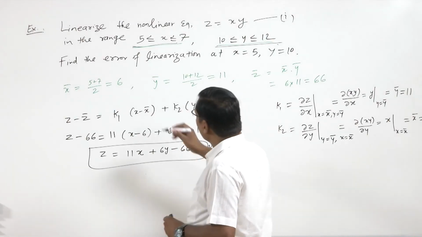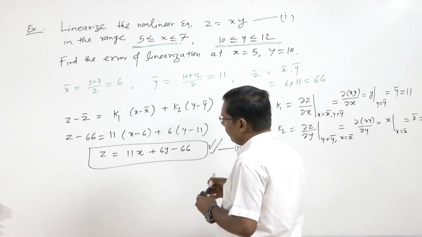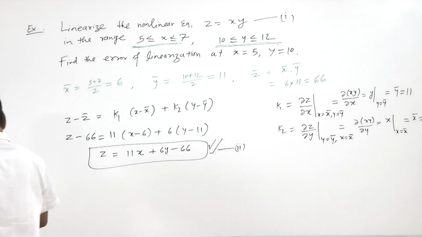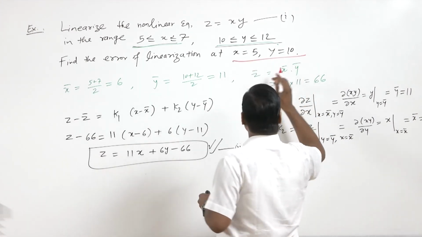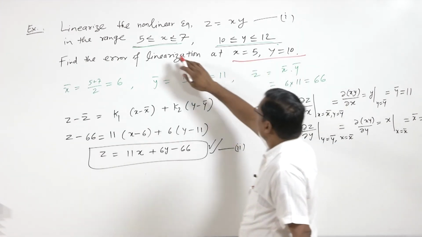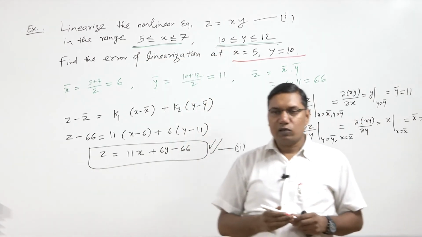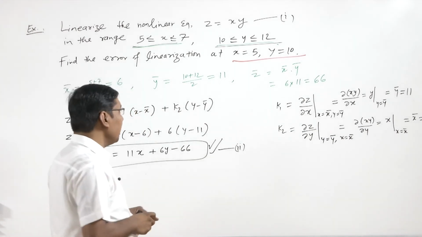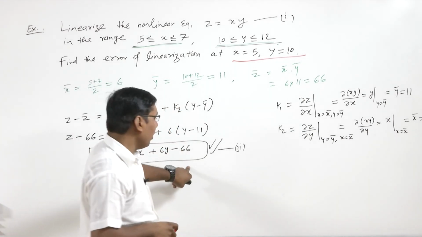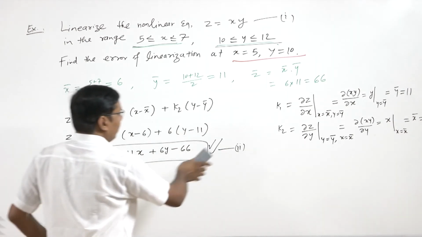Now, the second question is to find the error of linearization at x equal to 5 and y equal to 10. We have to find, at the lowest range of x and y, how much error we get when we are linearizing. So, we can find this.